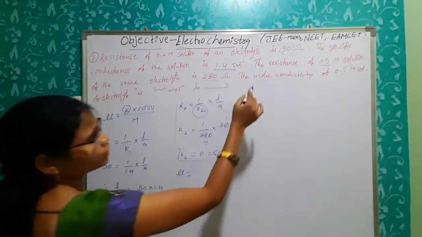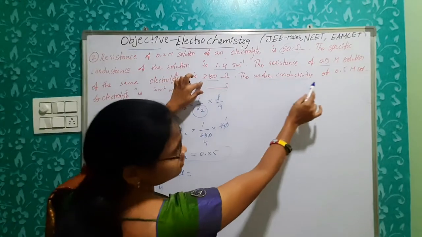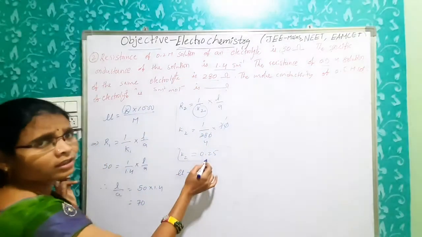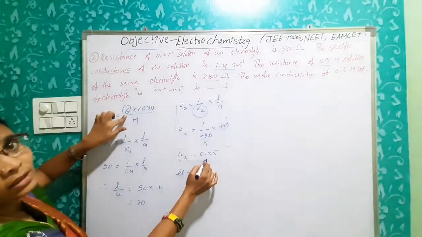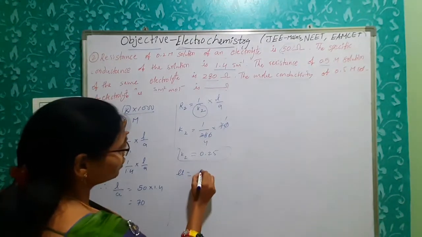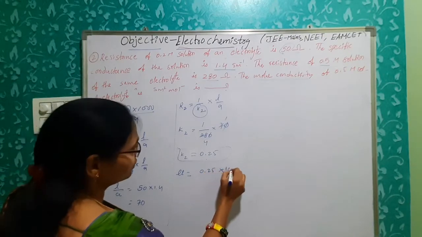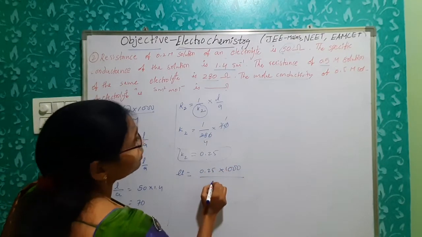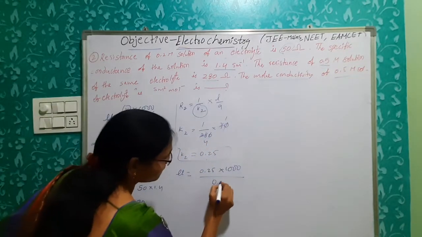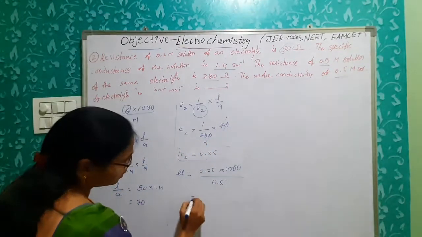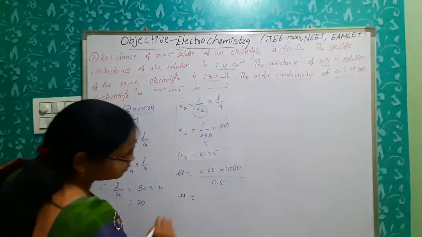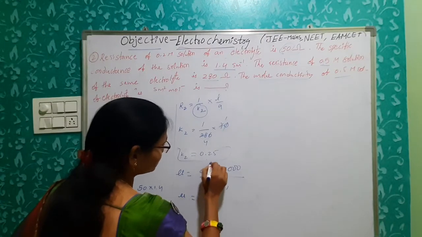So that's why we need to calculate K for this 0.5 M solution, and only then that K value is taken in this mu formula. Simply here, 0.25 into 1000 by molarity, given as 0.5. Tell me how much is the answer?